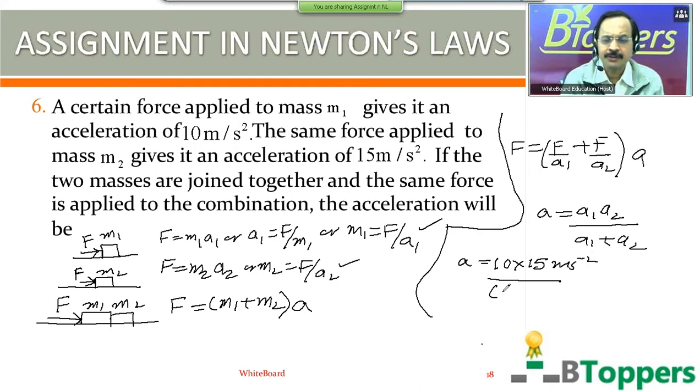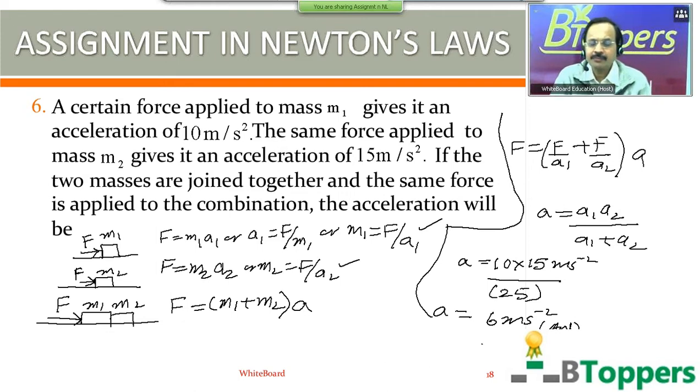So a1 plus a2 will be 10 plus 15, 25. If you simplify here, you get acceleration 6 meters per second square as the answer.